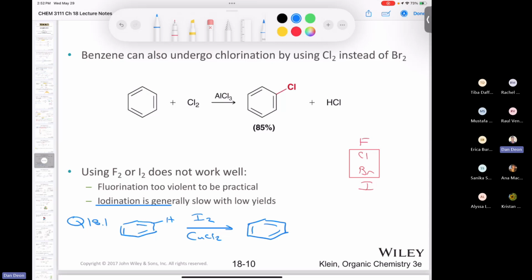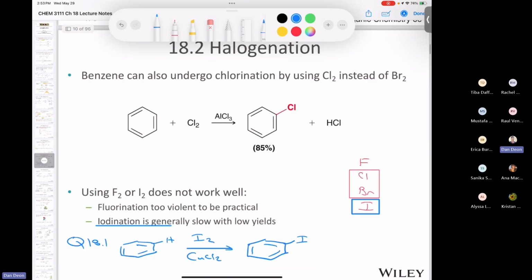So there are conditions that you can use to do iodination, but in the textbook, I know he asks a lot more questions about chlorination and bromination. It's a lot more common, but again, you can do iodination with iodine and copper 2 chloride. There's no mechanism provided for that whatsoever, so don't worry about that.